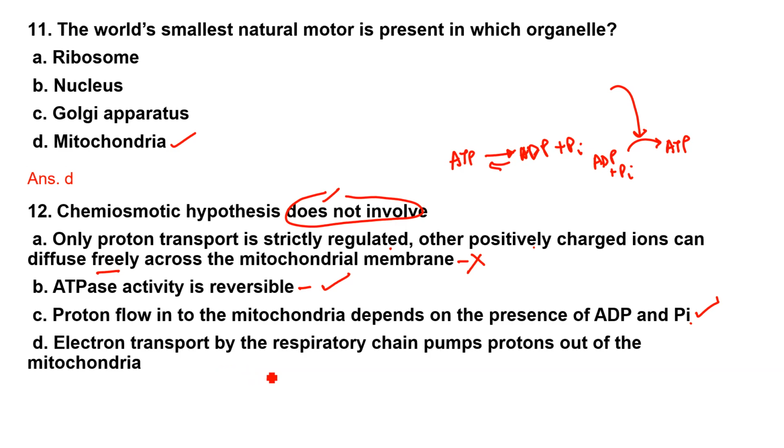And the fourth option: electron transport by the respiratory chain pumps protons out of the mitochondria. This statement is correct.